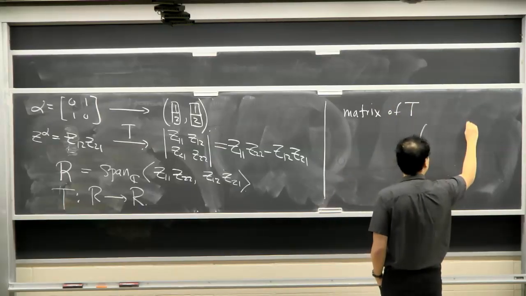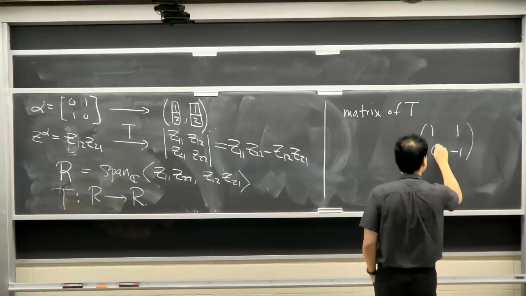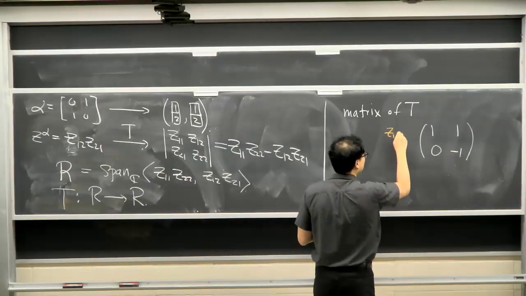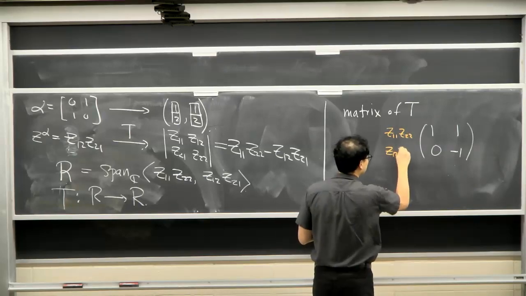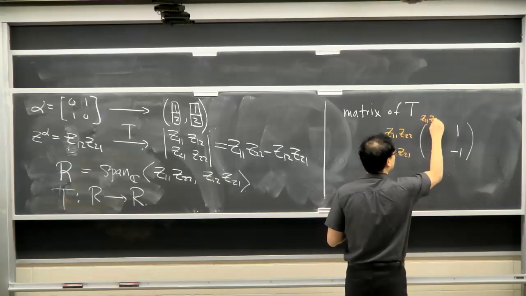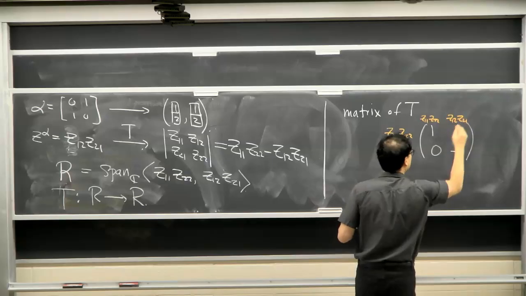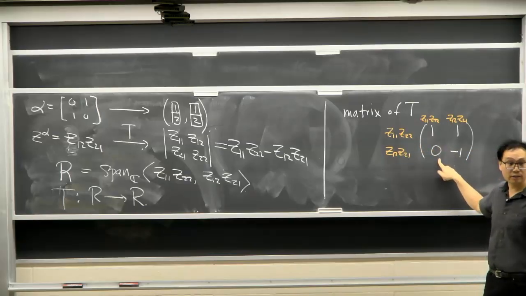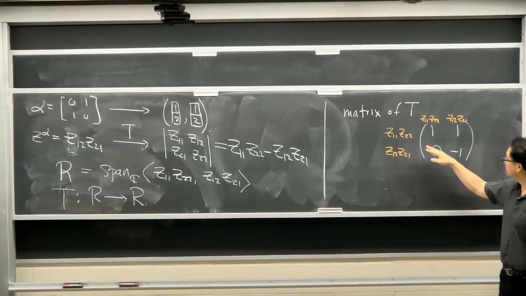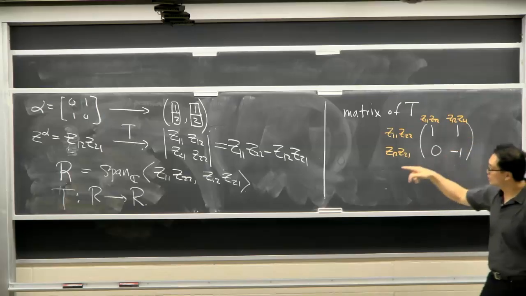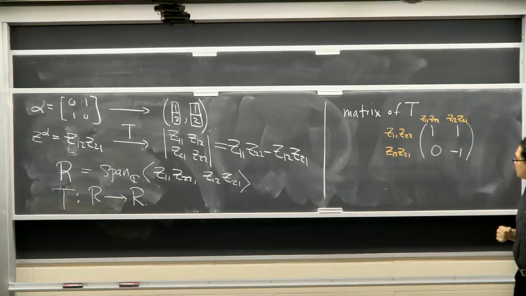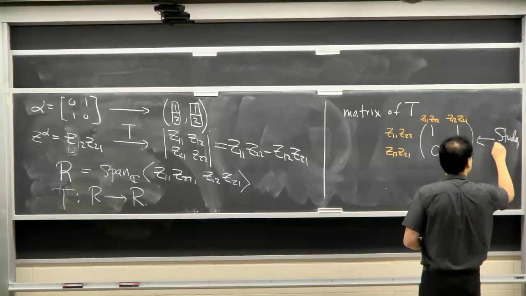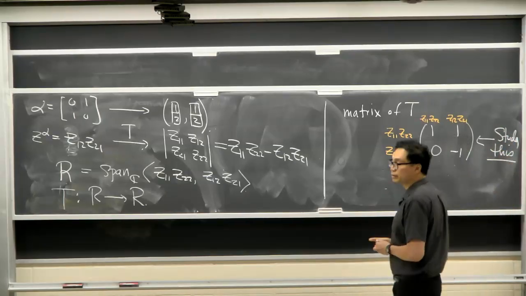It's going to be this matrix, and the way I'm doing it is I'm ordering the basis like that. So according to our operator, this monomial gets sent to itself, so therefore you get 1, 0, and the other monomial gets sent to the determinant, which is the difference. Therefore you get 1, minus 1. And it is this object that I want to study during this talk.